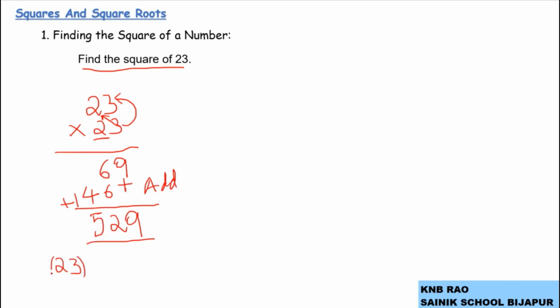23 square is 529. So this is the technique which we have learned for finding square of any number by multiplying the number by itself. So this is the usual method. 23 into 23 gives us these steps, after which we arrive at the answer 529.